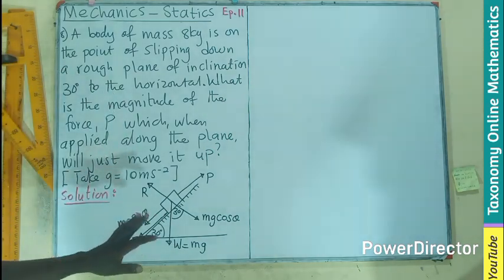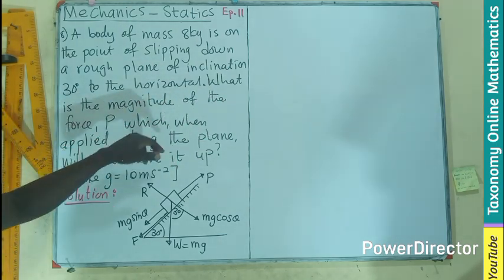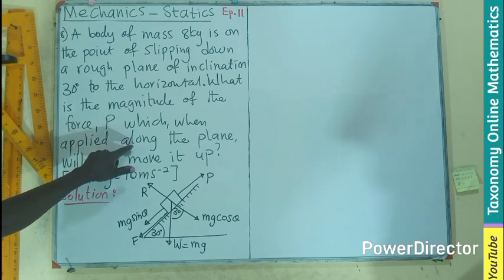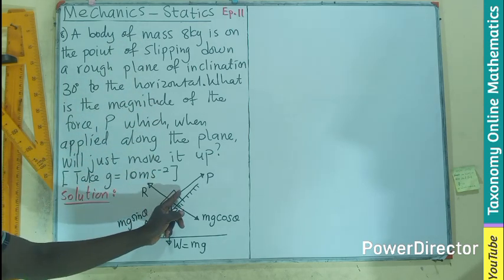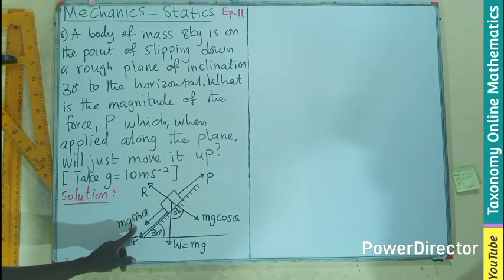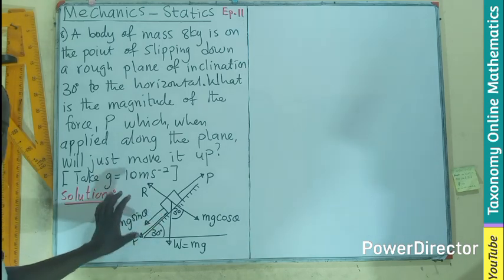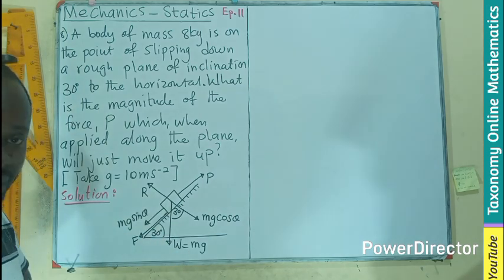Alright, if this is drawn well, the question we are asked is the magnitude of the force P, which will be applied to move the body up. Now, when this is moving up, remember the force mg sine theta goes in the same direction as the friction, opposite to P. This is not a smooth surface, so there will be friction.